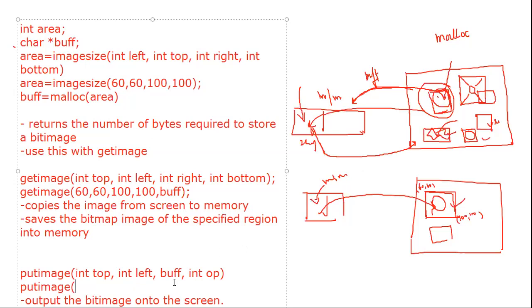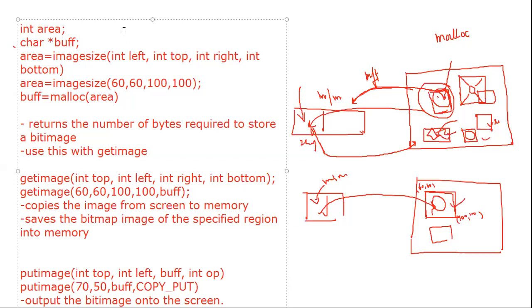Let's say I have chosen any value, I want to put it at place 70 comma 50, and I have used buff, whatever variable you have taken to store this image, and then we are applying, let's say, copy put. So this is the operation, that is you have to copy the image from the memory to the screen.